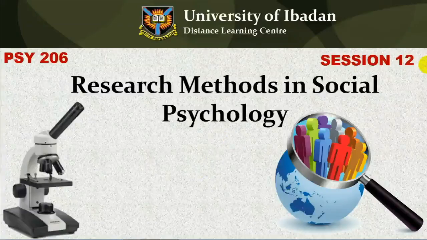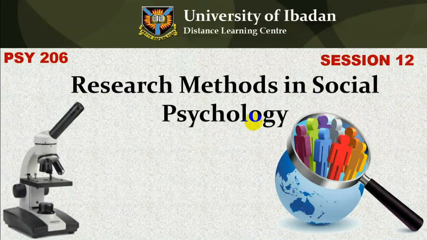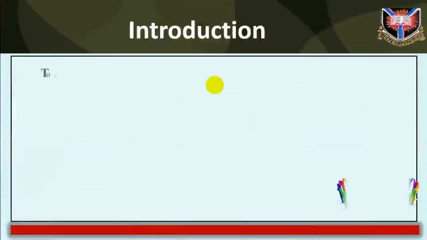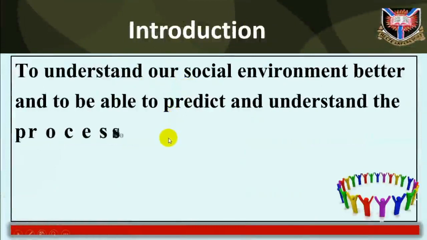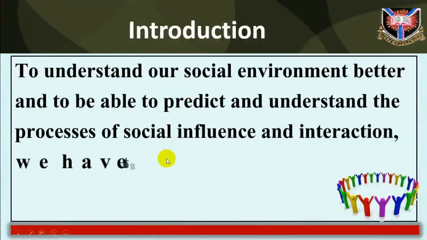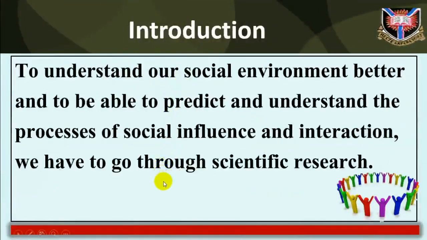We're now in study session 12, Research Methods in Social Psychology. To understand our social environment better, and to be able to predict and understand the processes of social influence and interaction, we have to go through scientific research.